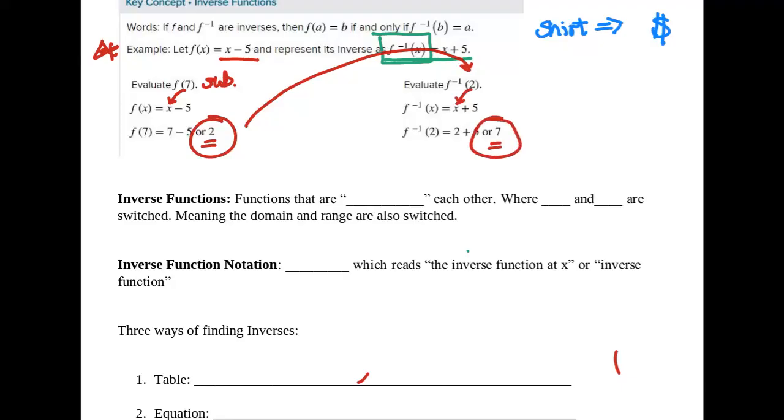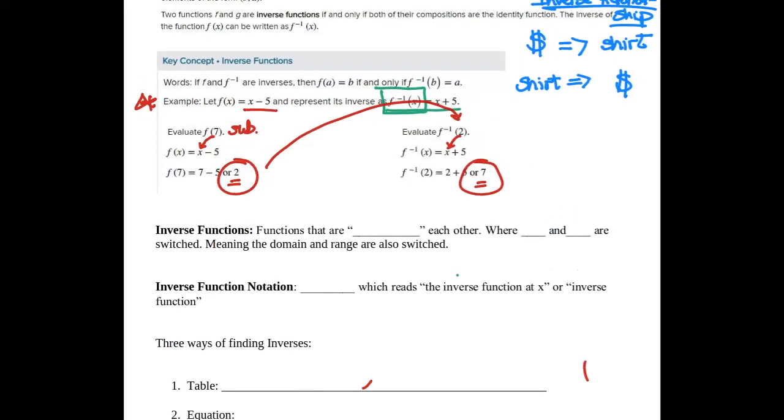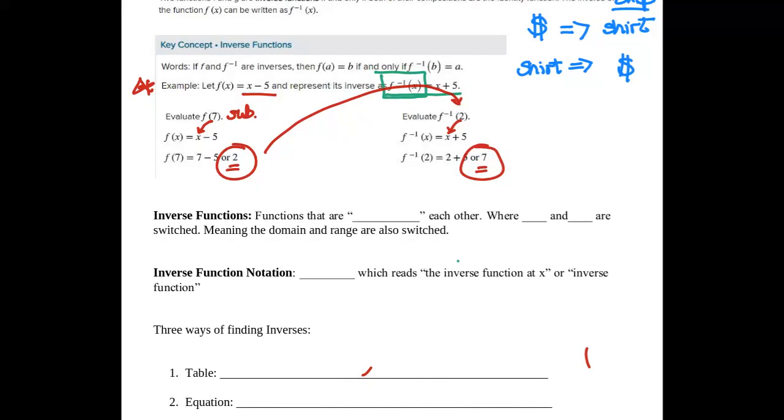So because I'm going back and forth between those two numbers, when I substitute the 2 and that gives me 7, and then when I substitute the 7 in, it gives me 2, we say that those two functions are inverses. Okay?